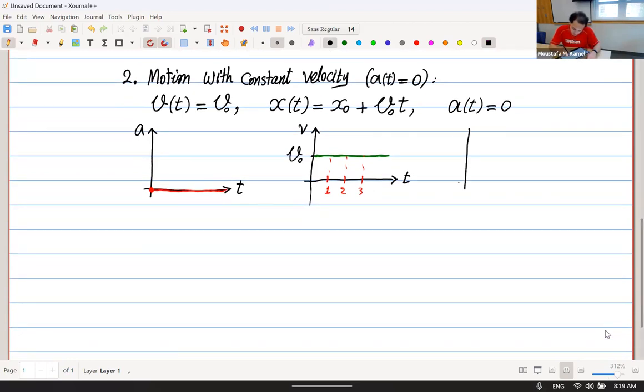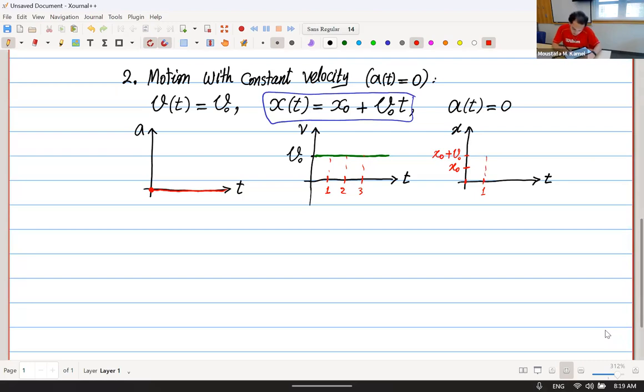Position is interesting here because this is the equation of position, right? So let's take it point by point. At t equal to 0, we're sitting at x naught here. At t equal to 1 second, now we are sitting at x naught plus v naught, right?